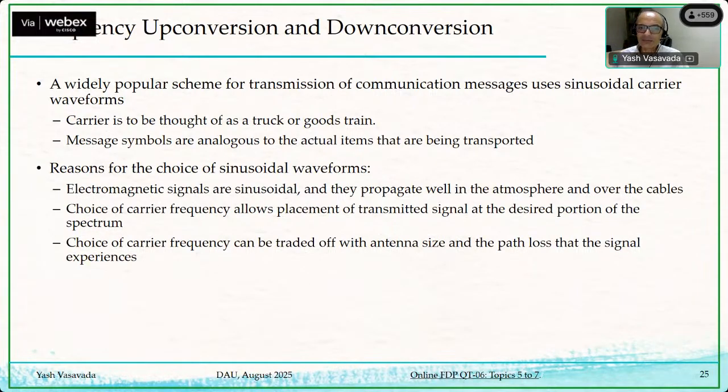So what is the reason? The reason that our phones and our satellites, etc., use a certain range of frequencies is because those particular electromagnetic waves in that range of frequencies transmit actually very, very well.